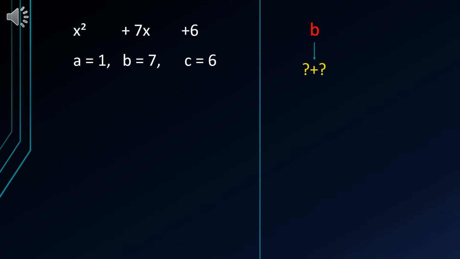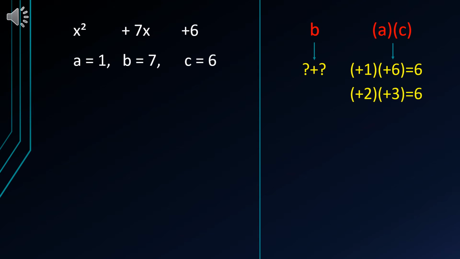Now that we have identified the parts of this trinomial, we will begin to factorize it. Firstly, we need to separate b into two terms to be grouped and factorized. To do this, we find the product of a and c. Then, we list all the possible multiples which would give the value of 6.